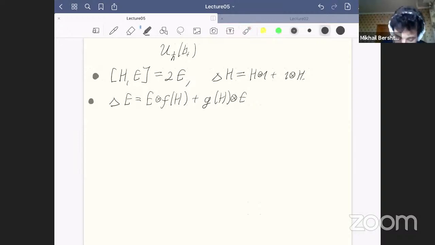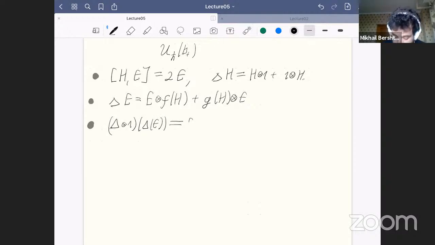Let's do it. Maybe it is a bad point to slow down, but we do the computation explicitly. So what do we have to do? We have to compute delta tensor 1 applied to delta of E. What will we get?